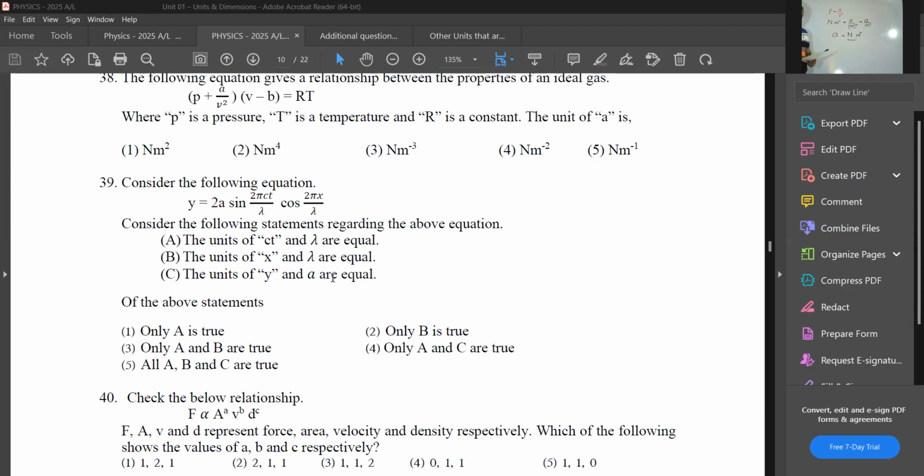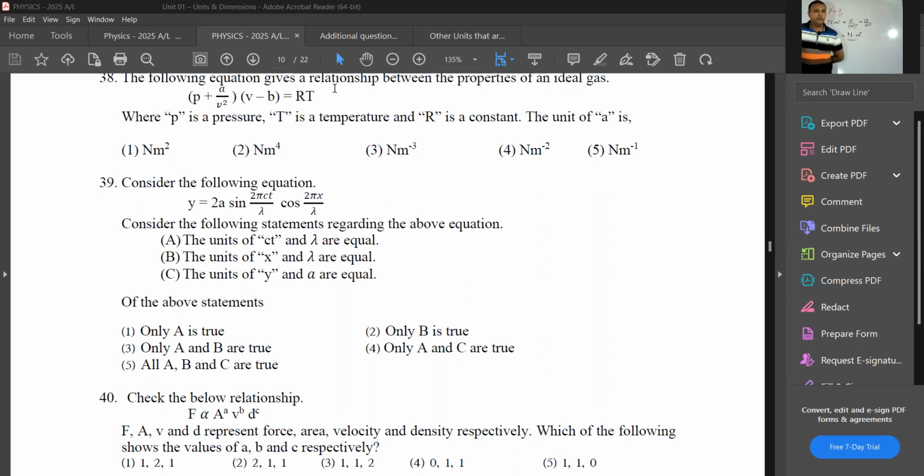Question 39. Consider the following equation. Now I need your response regarding this equation. Consider the following statements regarding the above equation. What about statement A?